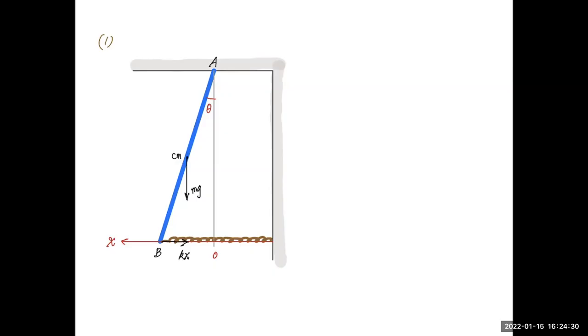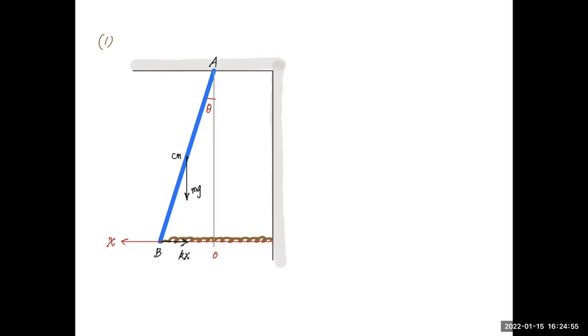Now, as we pull point B of the rod to the left or to the right, we'll either be elongating or compressing the spring. So the spring will give you a restoring force on top of the gravitational force that's already exerted on the rod. Let's see what happens if you pull point B to the left, making the spring longer.